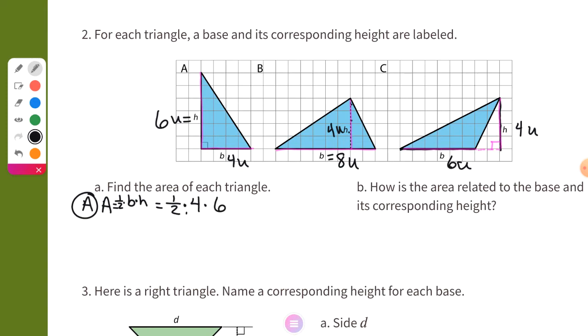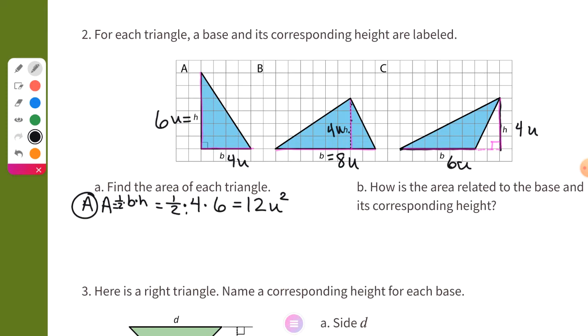Notice in place of the multiplication sign, I said of, because of means multiply. When I say 1/2 of 4, you immediately think 2. If I had said what is 1/2 times 4, you would have been like, let me get a piece of paper. So use that to your advantage. 1/2 of 4 is 2. What is 2 times 6? 12. So the area of triangle A is 12 square units.